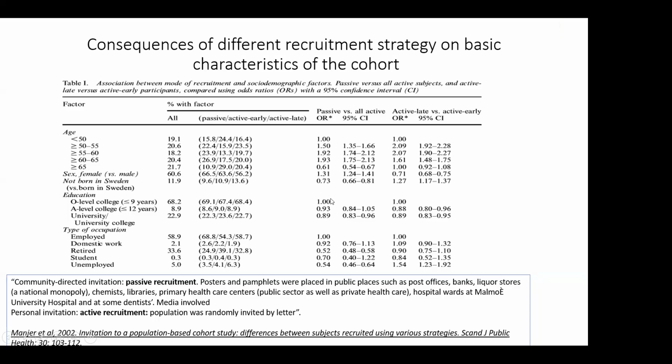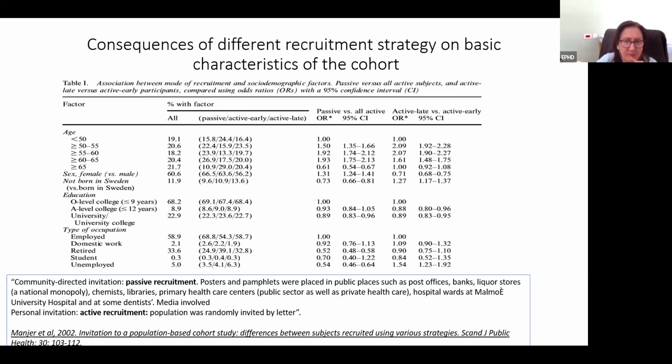Yes. So we're looking at what's the odds of being recruited through a passive strategy in university compared to less than 9 years. So it is less likely that people in university are recruited through passive recruitment strategies.